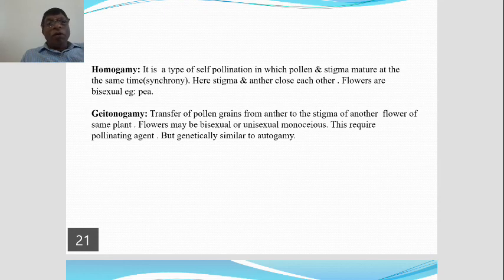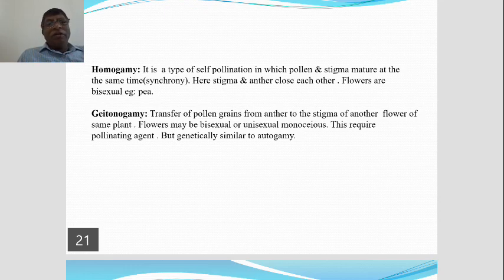What is homogamy? Homo means at a time. So it is a type of self-pollination in which the pollen grains and the stigma mature at the same time. That is what we call synchronization, and it is essential for homogamy.